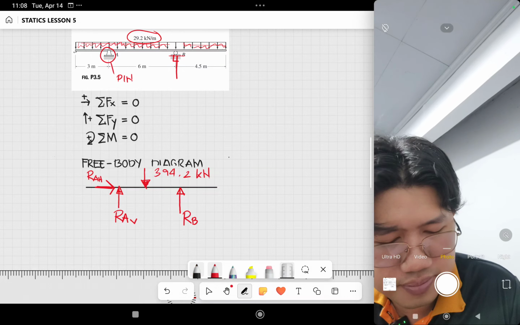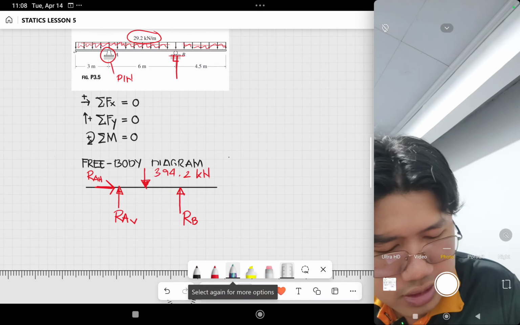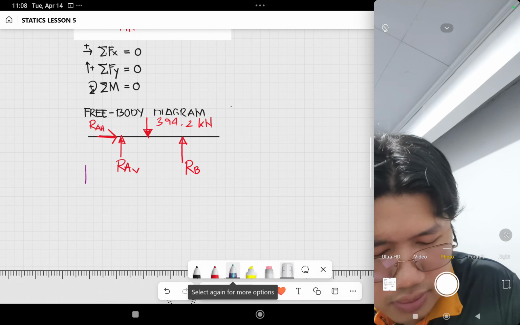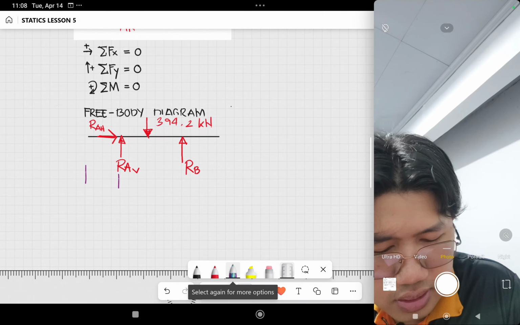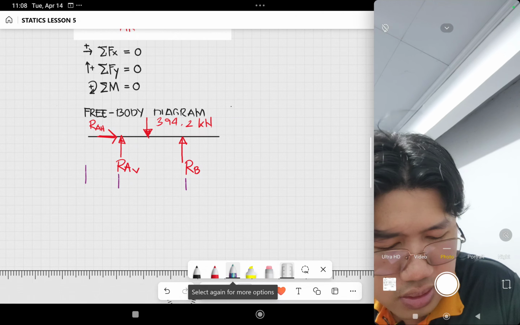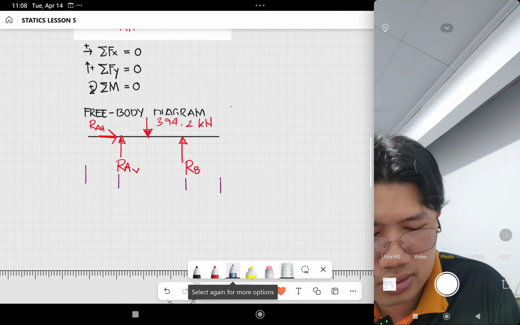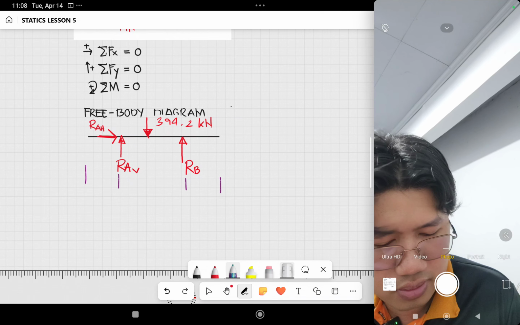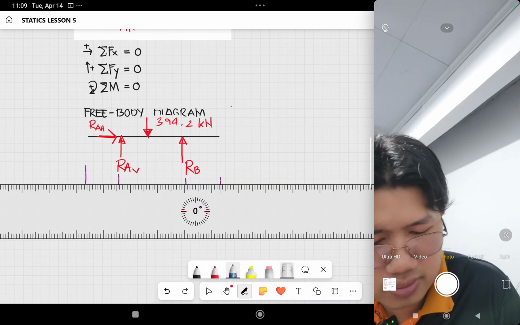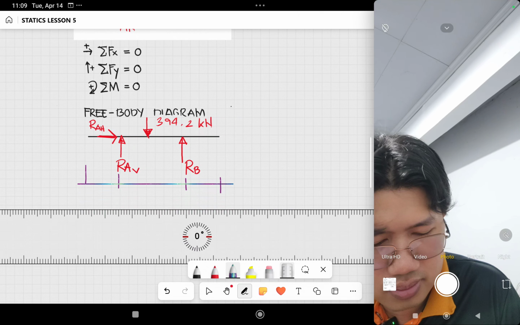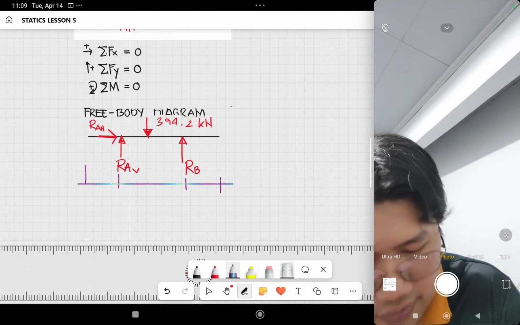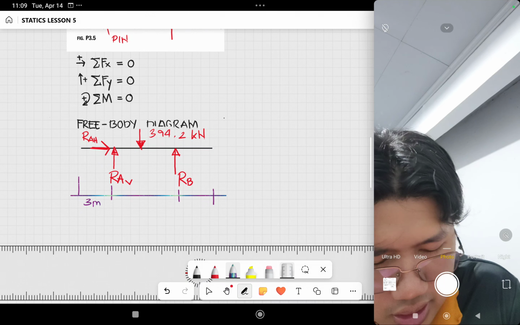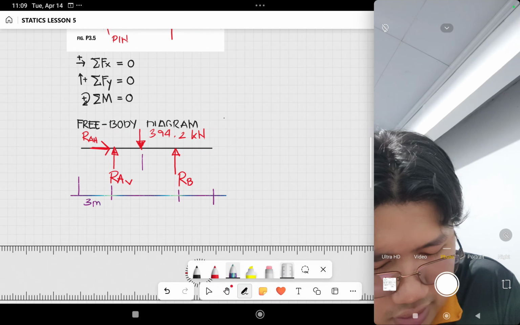Okay, so let me reflect the distances. So we have 3 meters, and then reflect din natin kung saan nakapwesto ito.